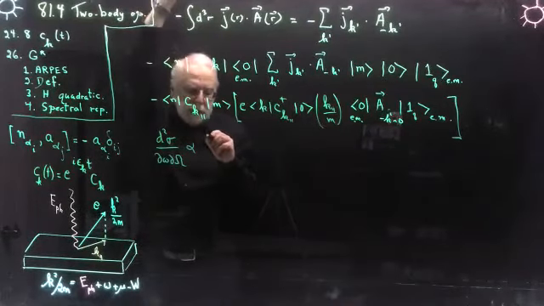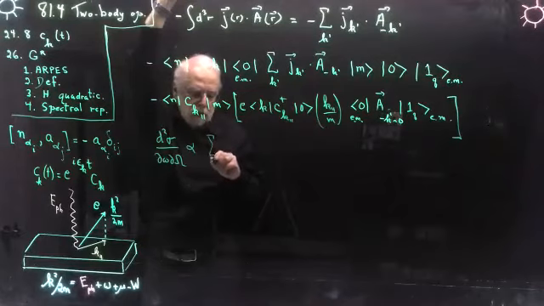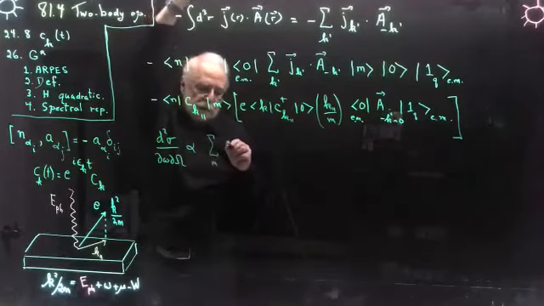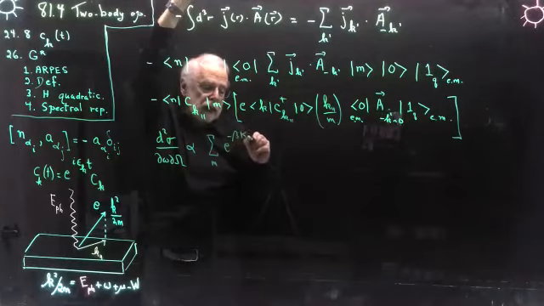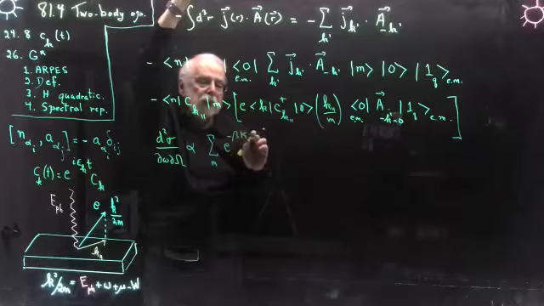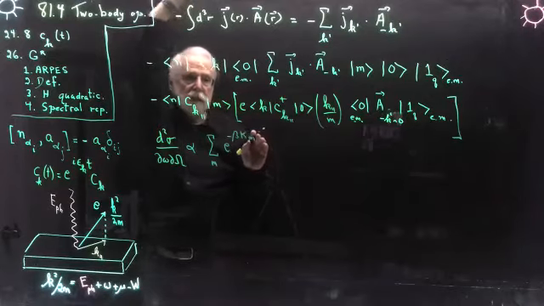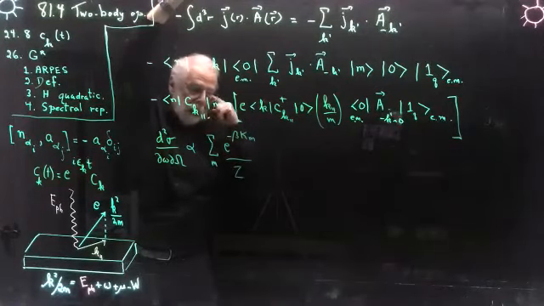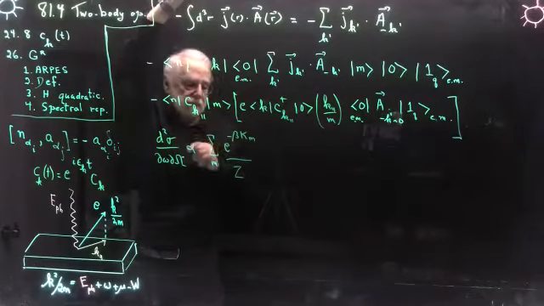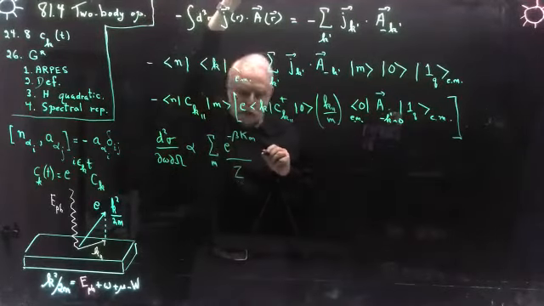So it means that we need to sum over m of e to the minus beta K m, where K is E minus mu N, it's H minus mu N, divided by Z. And then we have the square of this matrix element.